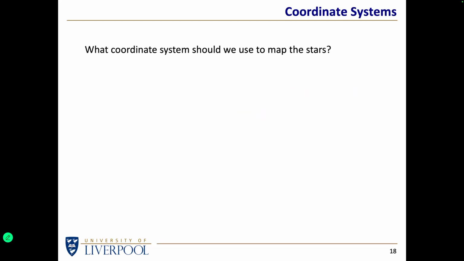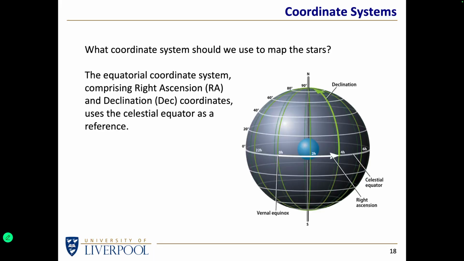So what coordinate systems should we use to map the stars, bearing in mind that we need very high accuracy and we need a fixed coordinate system? Now, I'm sure a lot of amateur astronomers are familiar with the idea of the equatorial coordinate system, in which we refer to the coordinate of a star in terms of right ascension and declination, which are analogous to the longitude and latitude of a place on the surface of the Earth.